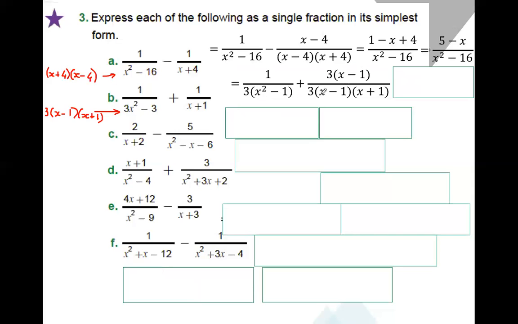And that way, the only thing you need to do here is times by 3 x minus 1, the top of this one and the bottom of this fraction, and you end up with just 3x minus 3 plus 1, which is minus 2, divided by 3 times x squared minus 1.